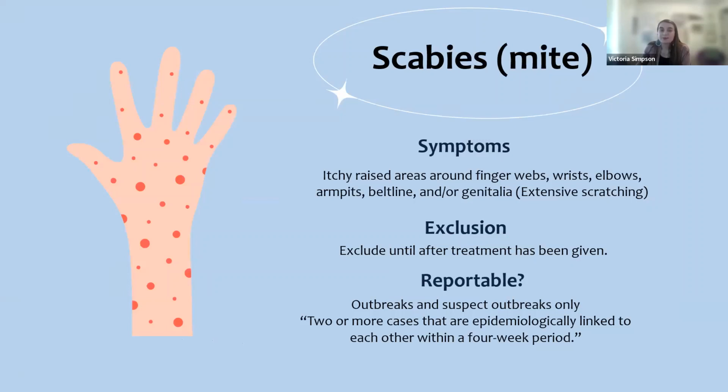If scabies is suspected, make sure the individual does see a medical provider because there's actually no over-the-counter treatment available for scabies. It is important to report outbreaks or suspect outbreaks to public health, and a scabies outbreak is defined as 2 or more scabies cases that are epi-linked to each other that occur within a 4-week period.